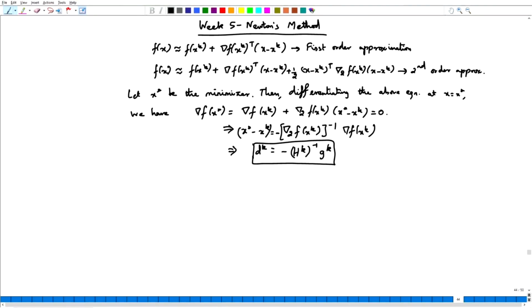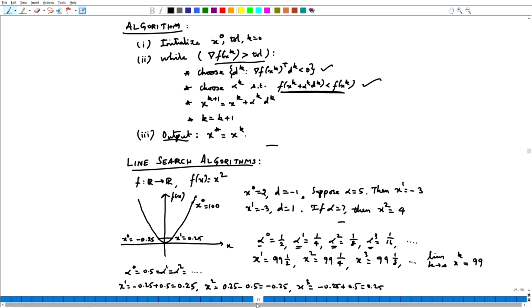Okay. So, if you recall the algorithm that we had written very initially, this is the general algorithm that we wrote quite some time back, I think in the first lecture of 3rd week.